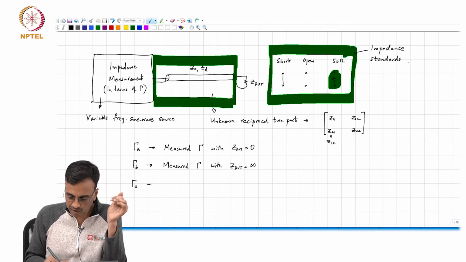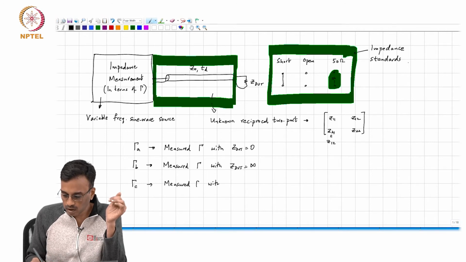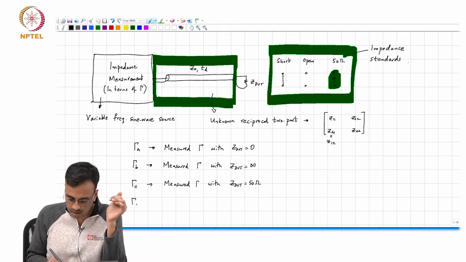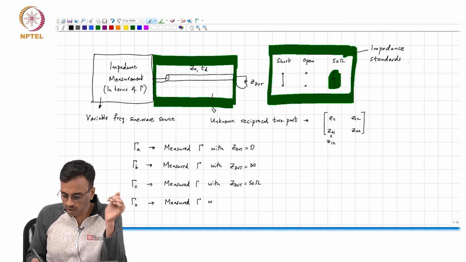Gamma C is the measured gamma with z dot equal to 50 ohms, and then gamma X is the measured gamma with the actual z dot.